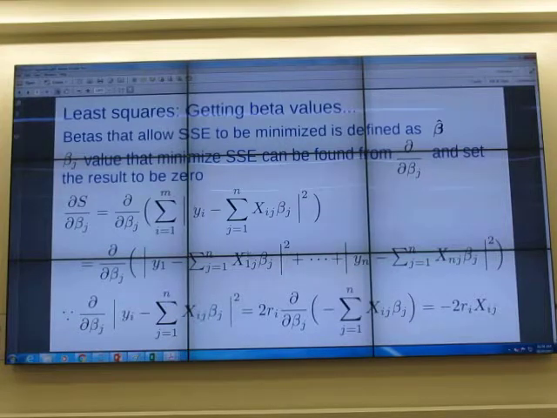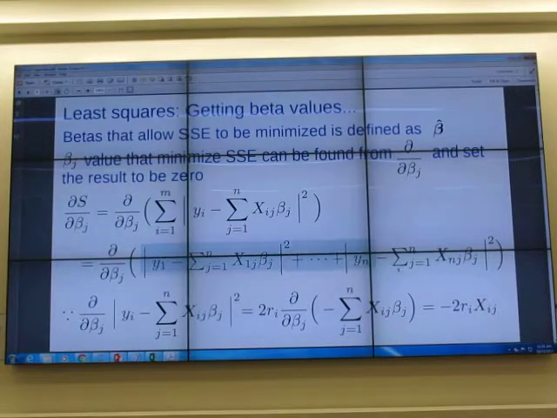You can see that y1, is that a function of beta j? No, it's not a function of beta j, right? But everything is all together inside the square. So that's why we say, hey, only for the case where j, what do you do?